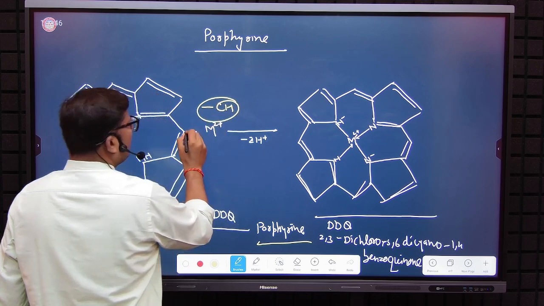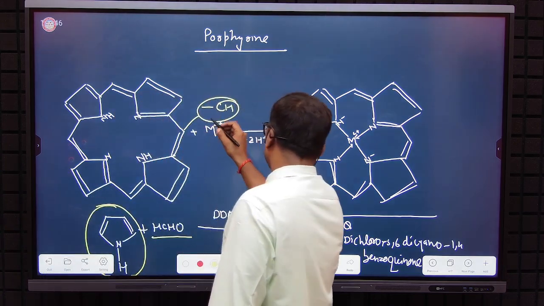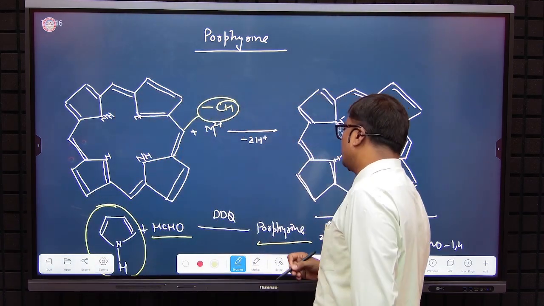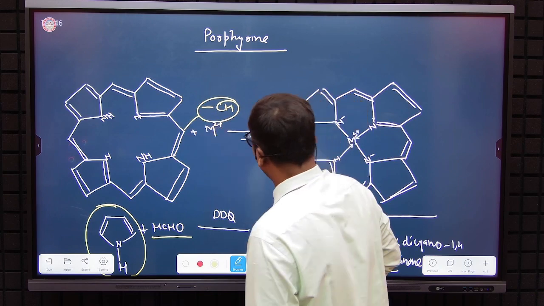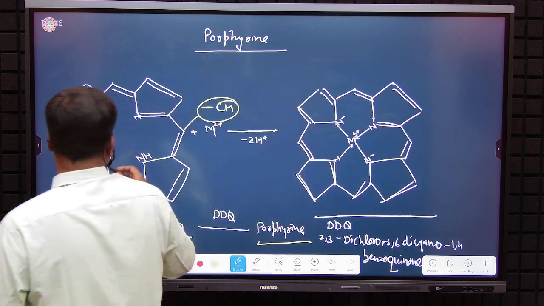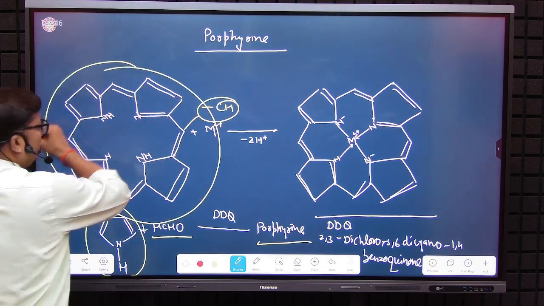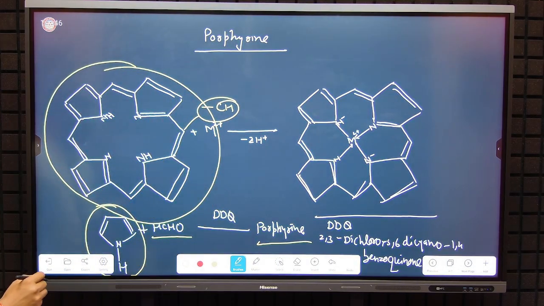So this is CH, not minus. This is actually a CH group in these corners. So it forms such a porphyrin ring structure.